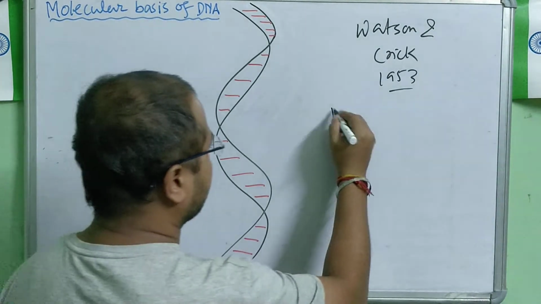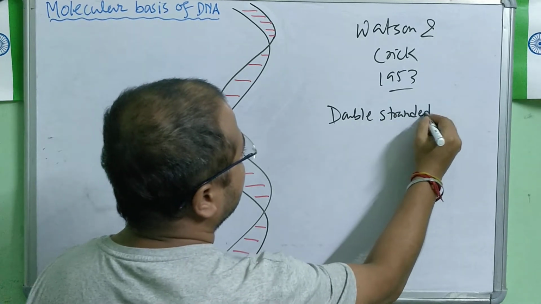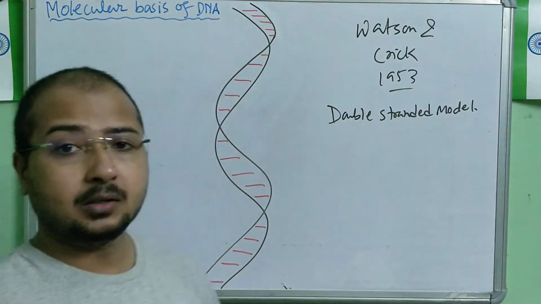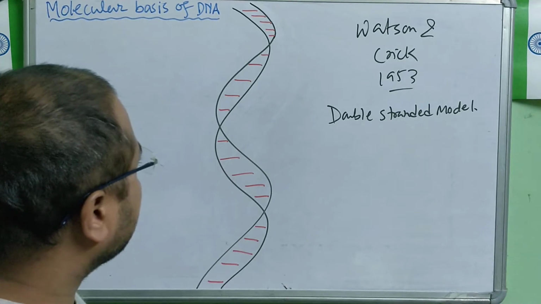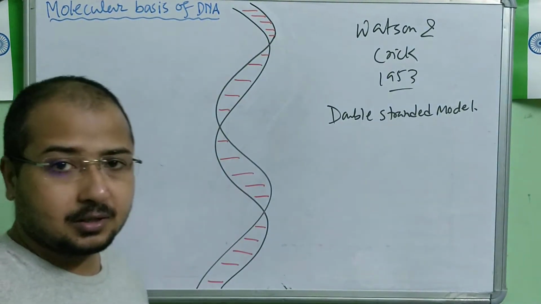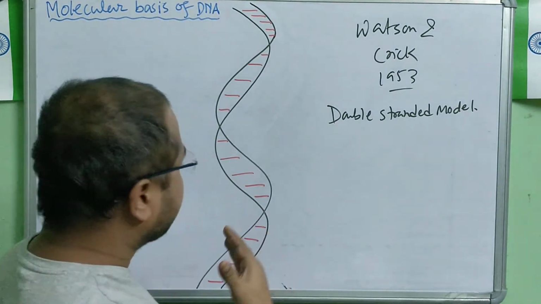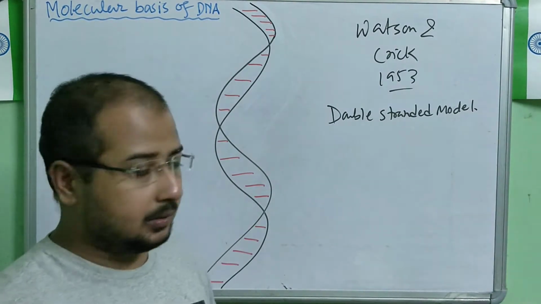Remember this. Now you can understand the twisted structure is the helical structure I am talking about. Some few facts we have to know about the DNA.